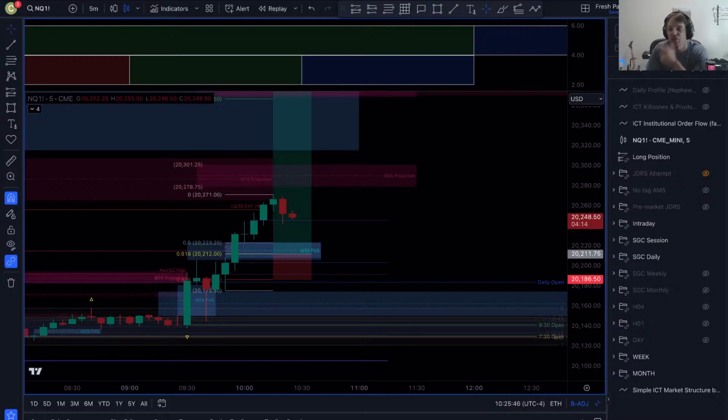Entry is 212 on the number, and it would be 24. The stop is 286.50.